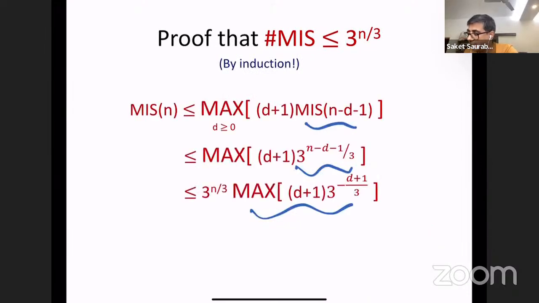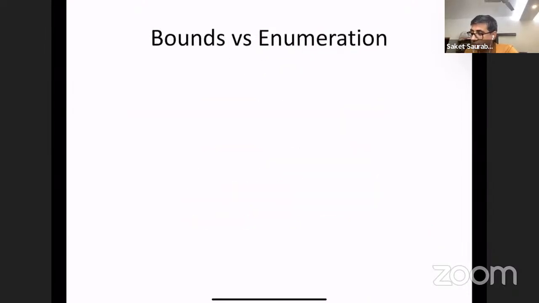Okay, so one thing is that only that many objects are there in my graph. So that is a bound. But another question which people are interested in is, can I enumerate these structures? There are different kinds of questions people ask.